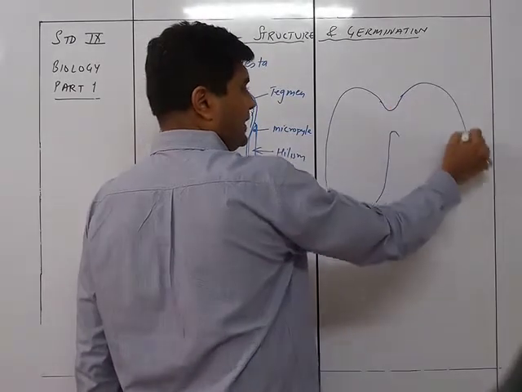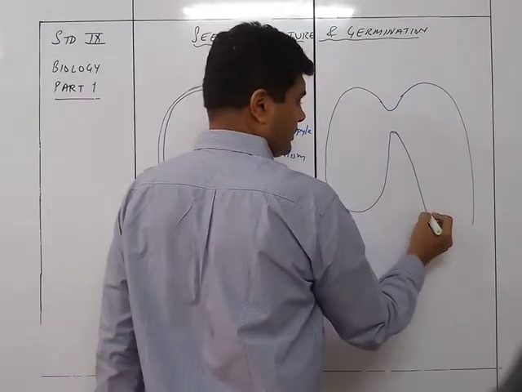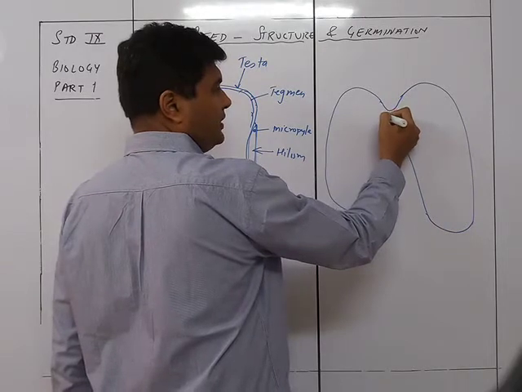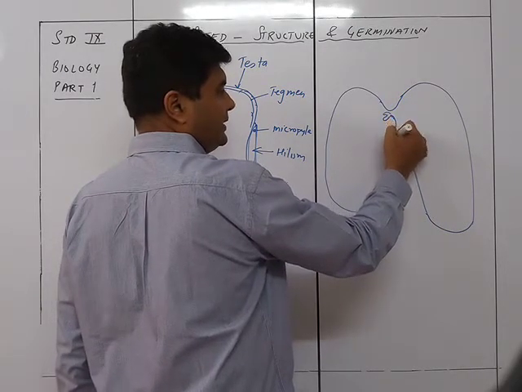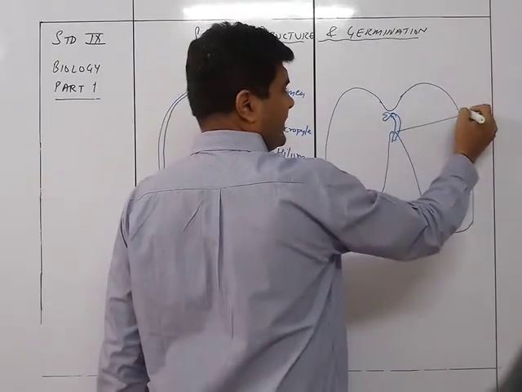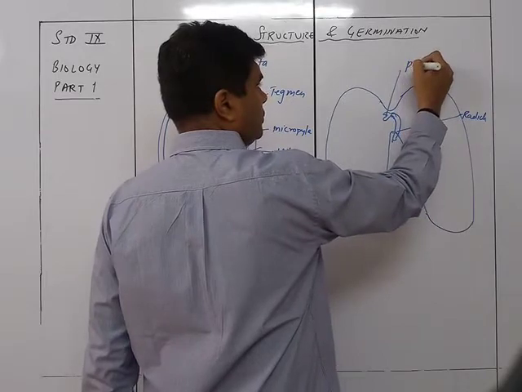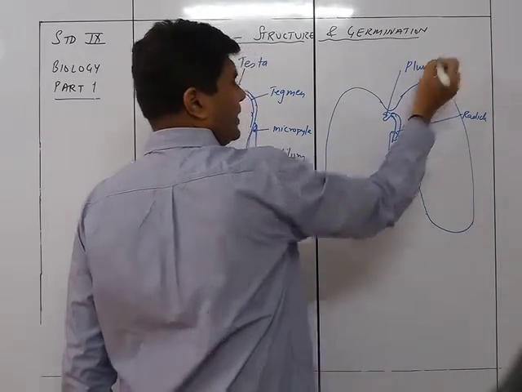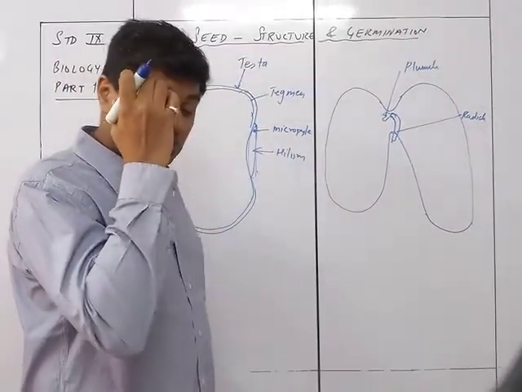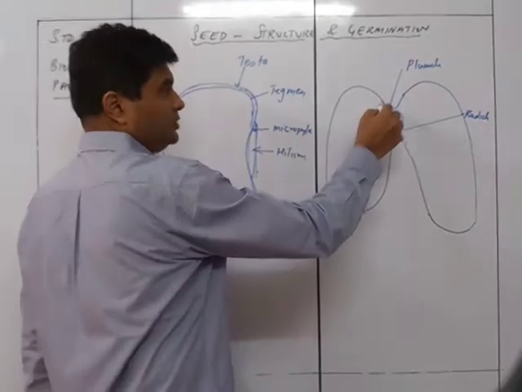So it will be like two cotyledons over here, with some kind of a leaf-like structure coming here, and a root-like structure coming here. This part is the radicle, and this is the plumule, the plumule being the shoot part, and the radicle being the root part.